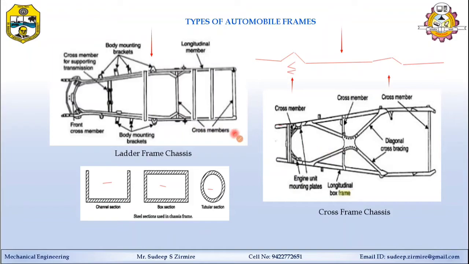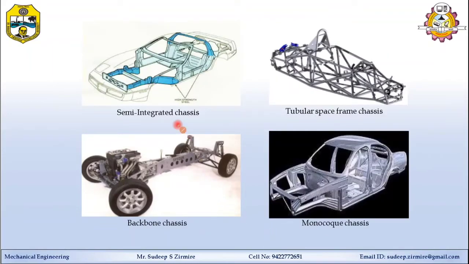We are also going to learn different types of frames used apart from these two types in the next slide. First is the semi-integrated chassis. Why is it called a semi-integrated chassis? You can see this chassis is made by using two different materials, one light material and another heavy material.